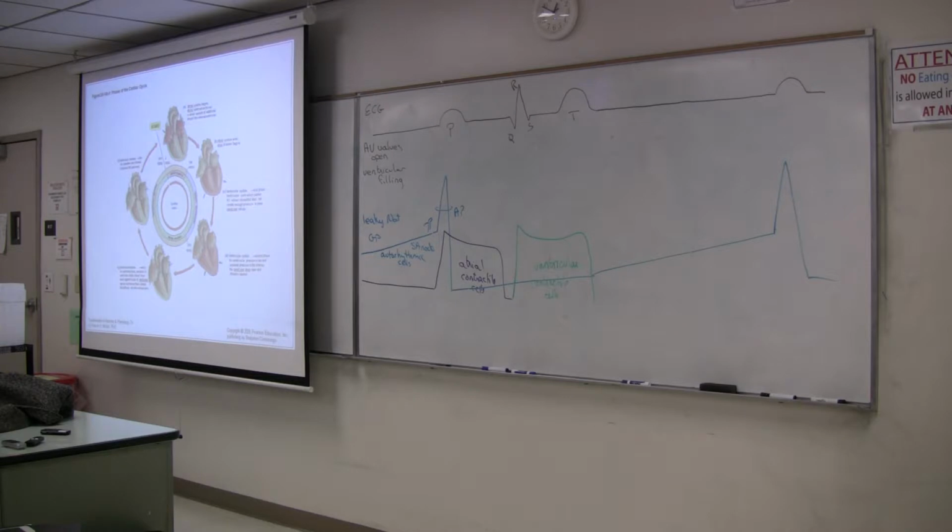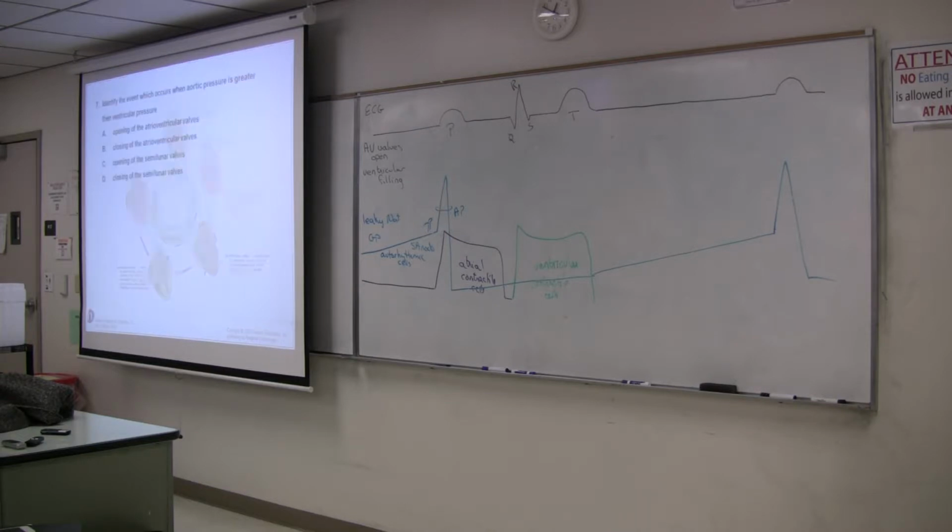All right, so we can start this cycle anywhere, but we tend to start it with the beginning of our P wave. Okay? So this is what we're going to be looking at in the major component of today's lecture: the series of pressure changes and what happens to the valves during this entire cycle.